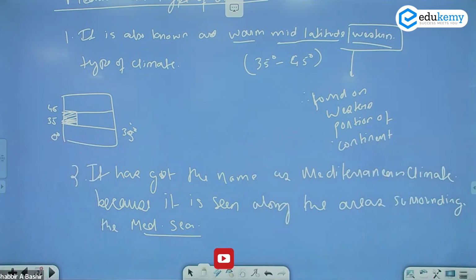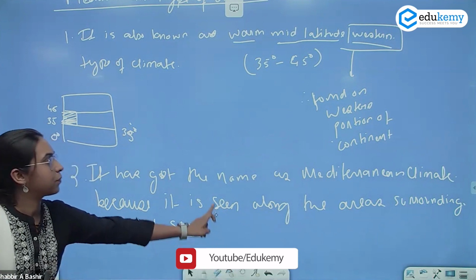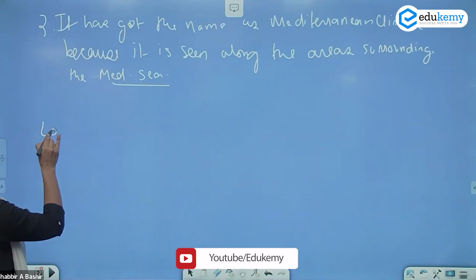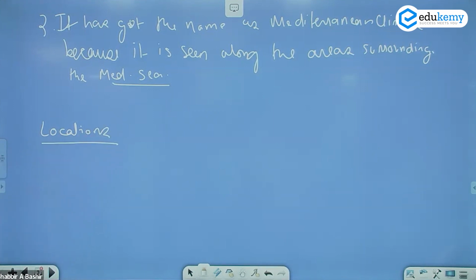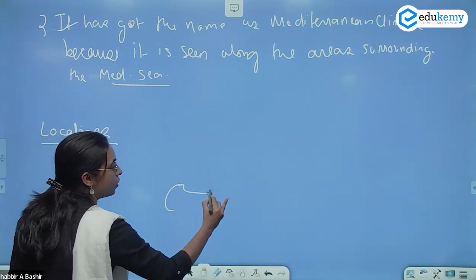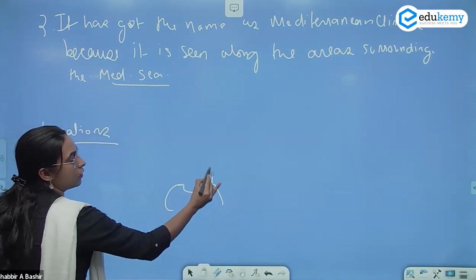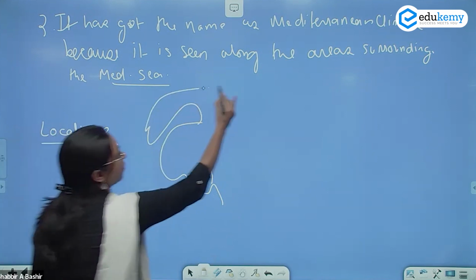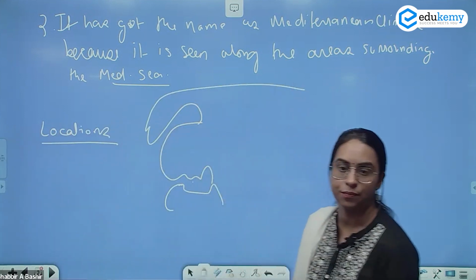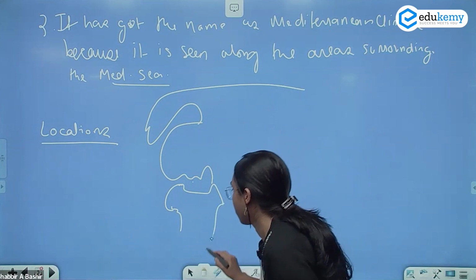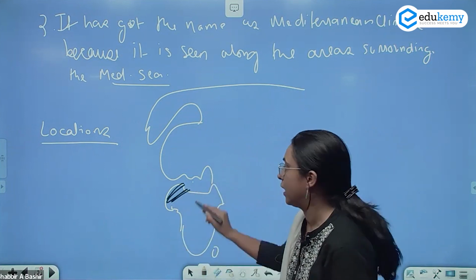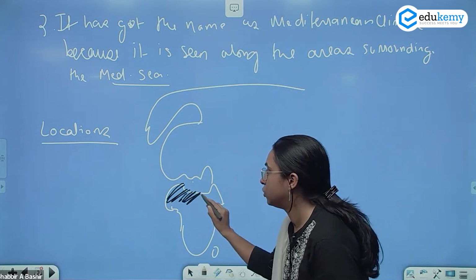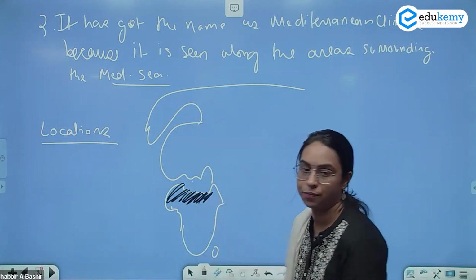Now, if I show this on the world map, basically I am referring to the locations. Where is this climate seen? So if this is your Africa here, this is the Mediterranean Sea, along your Morocco, Algeria, Tunisia, Libya.